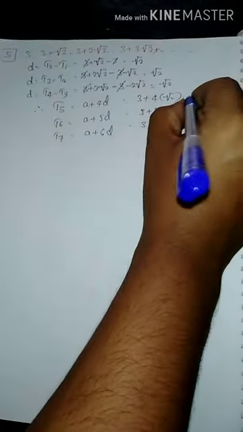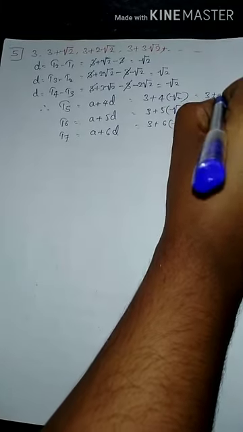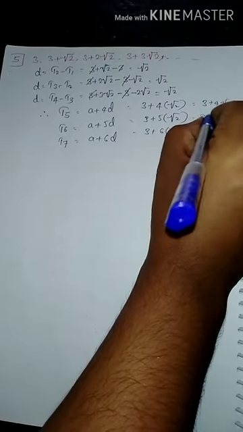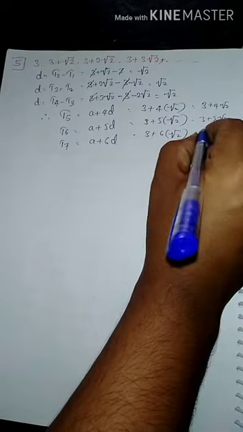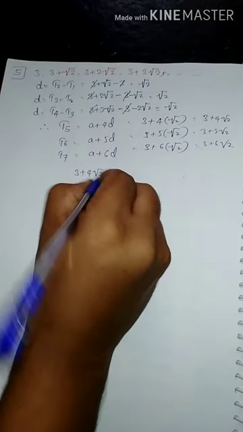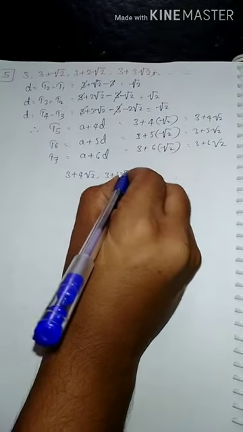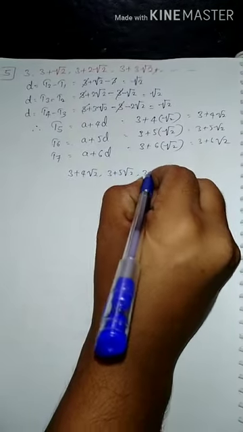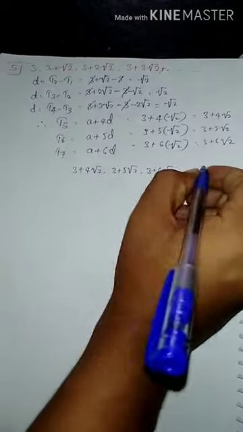Therefore 3 plus 4 root 2, 3 plus 5 root 2, 3 plus 6 root 2 are the next three terms of an arithmetic progression.